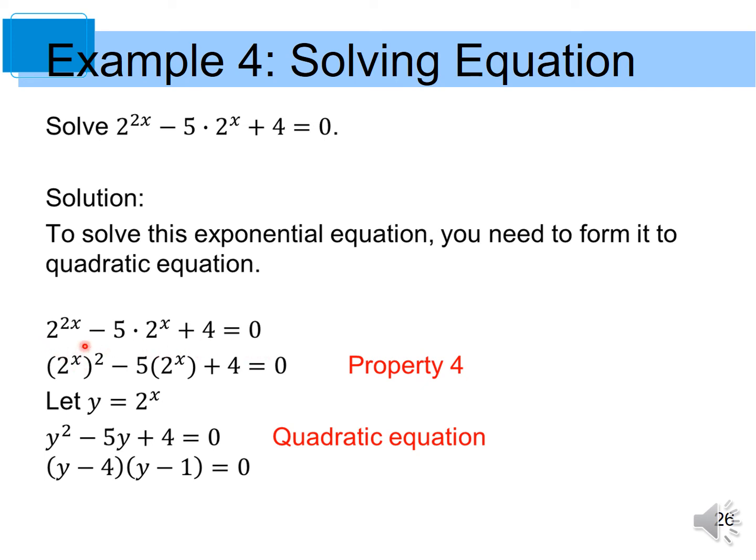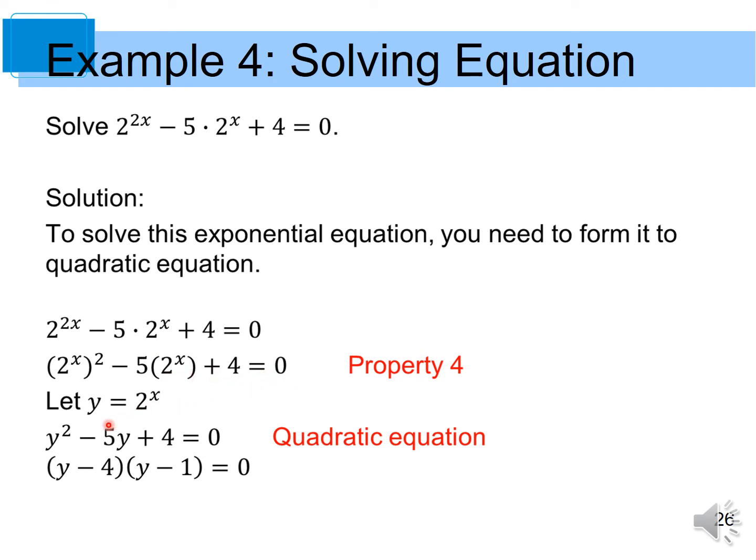For the first term, you can use the fourth property, where 2 to the power of 2x is equal to x multiplied by 2. So it can be written as 2 to the power of x, squared, minus 5 times 2 to the power of x, plus 4 equal to 0.